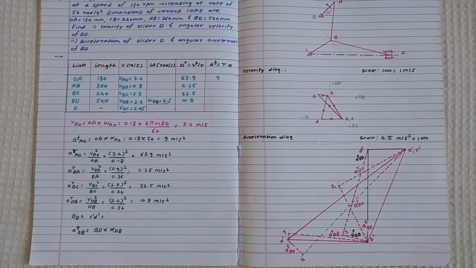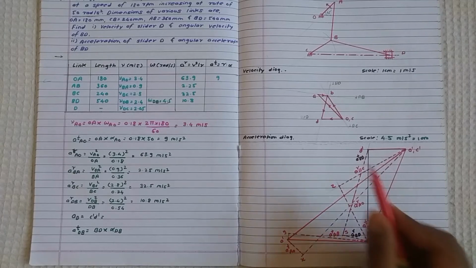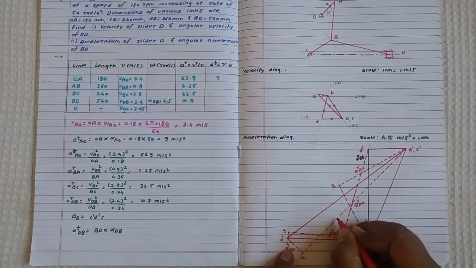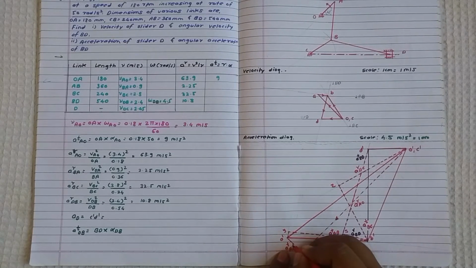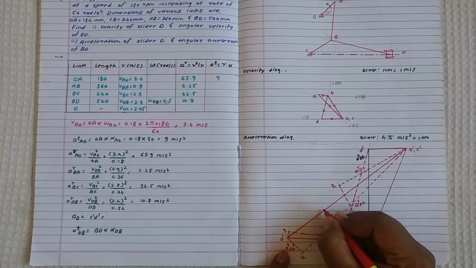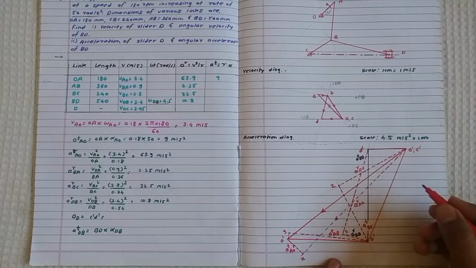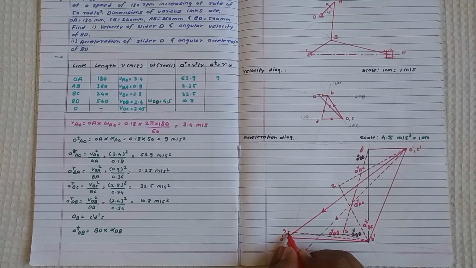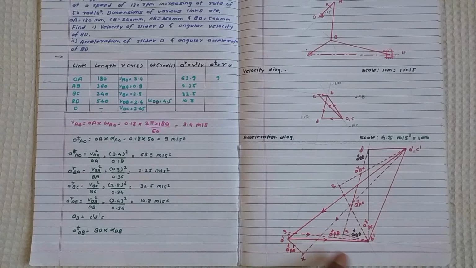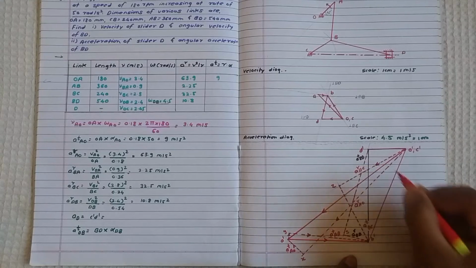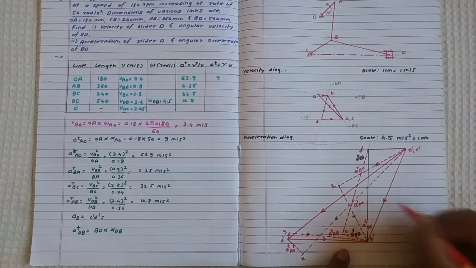Now the directions will be the same as those of the velocity diagram. See, for the first link OA, O to A means its radial component will be like this, tangential will be like this. Next is A to B: its radial will be like this, tangential will be like this, and total A to B. Now C to B: radial, tangential and total.